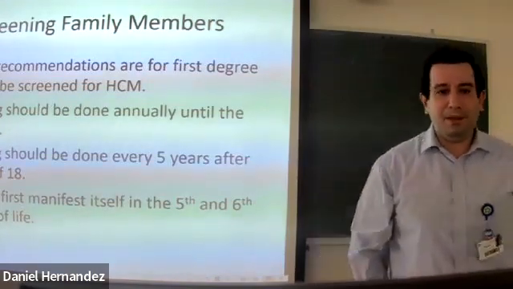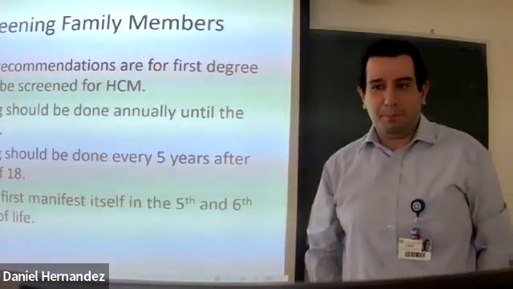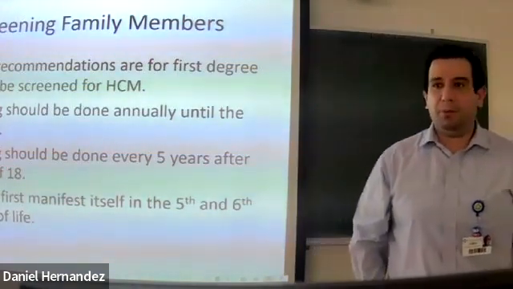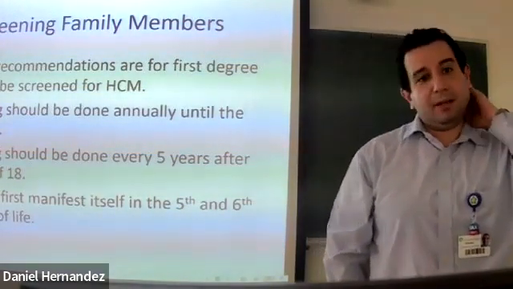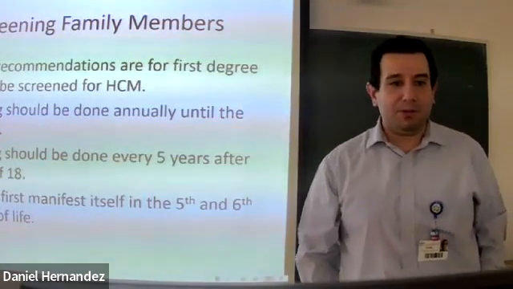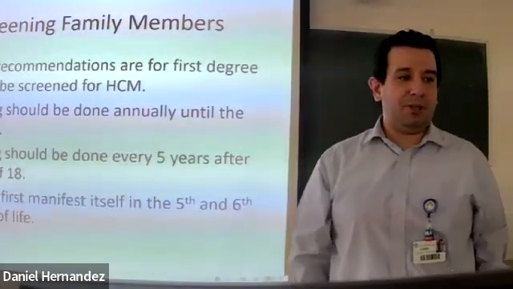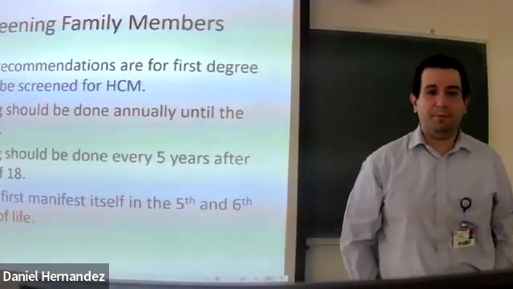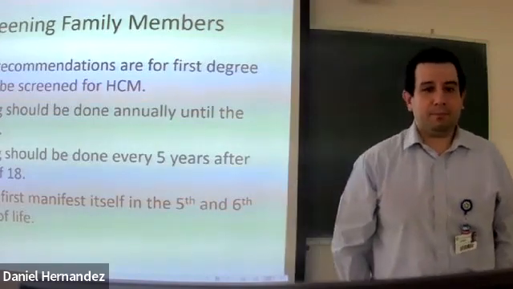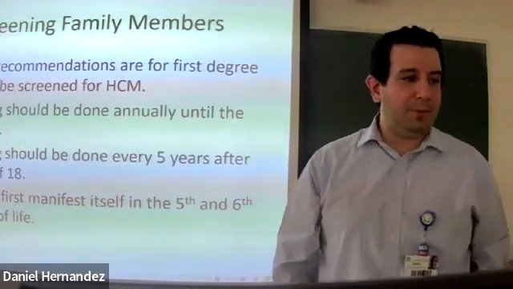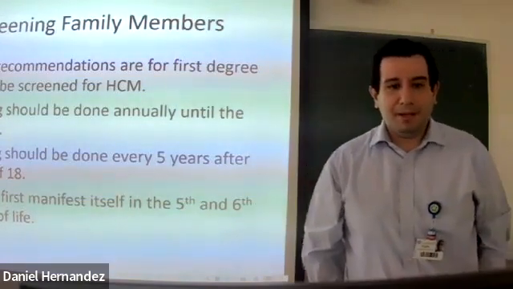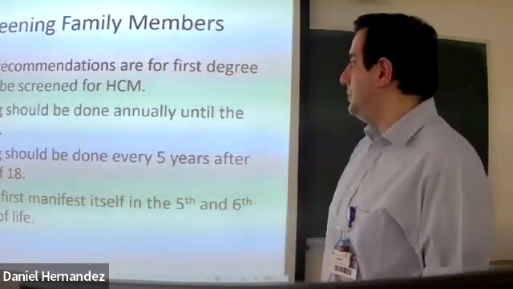Hypertrophic cardiomyopathy, that's going to be our thickened myocardium. So greater than 1.3 centimeters is considered thickened. We look for a septal to posterior wall ratio of 3:1. The most common form of hypertrophic cardiomyopathy is going to be our asymmetric septal hypertrophy.